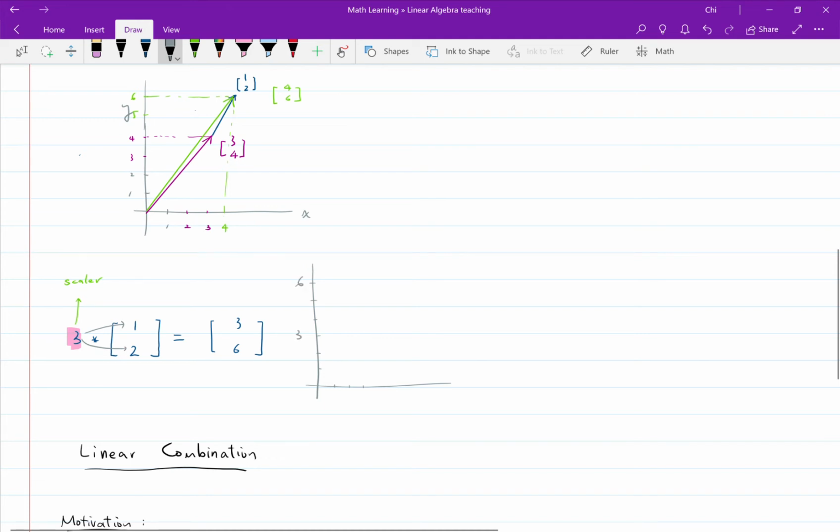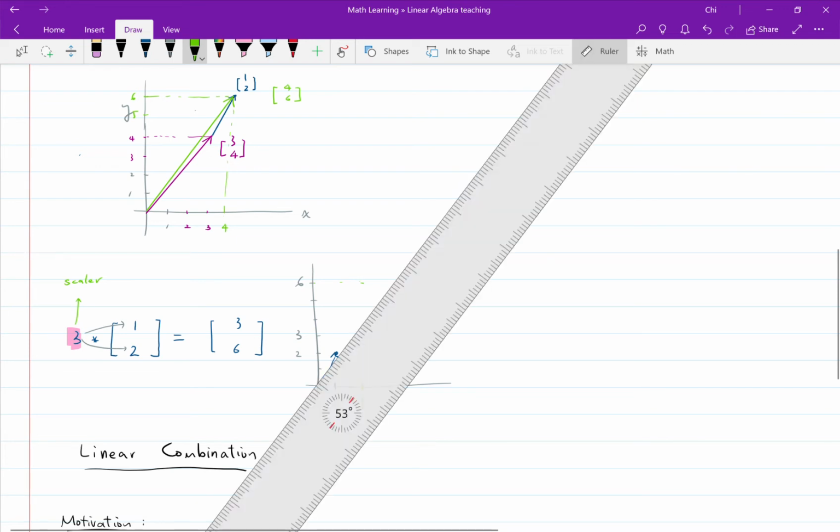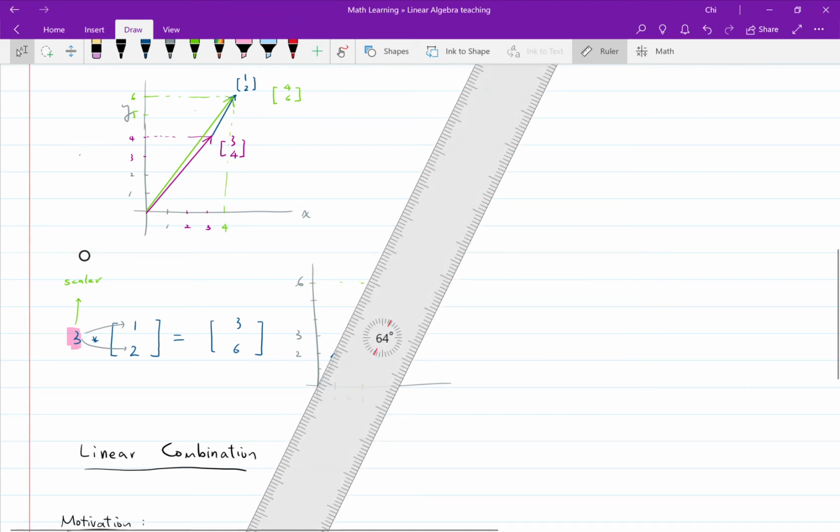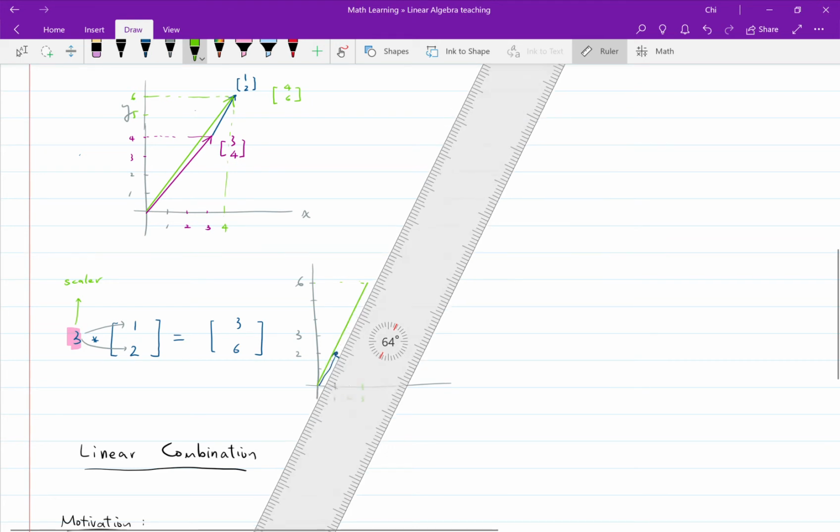We'll find 1, 2, and that's our vector. And then we can also draw 3, 6 this time, using a different color. So 1, 2, 3 here, and 1, 2, 3, 4, 5, 6. So it's here. So 3 and 6, that's where it should be.